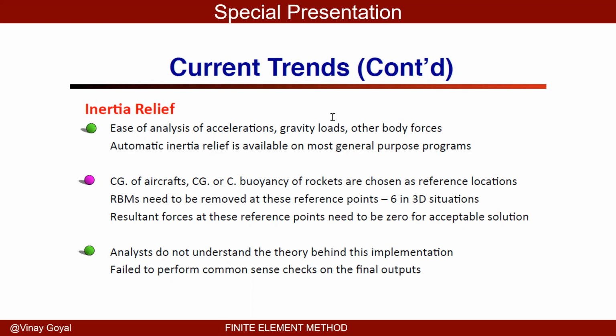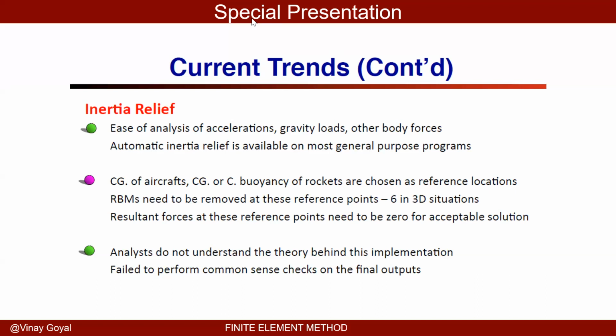They should have had a few nodes where the displacement is prescribed to be 0, and every other displacement is relative to this. And therefore, situations like this would happen where you have rigid body motions, and most of the time, the general purpose program guys will hide it because they don't want to get a bad name on their software, saying that every time I run this software it crashes.